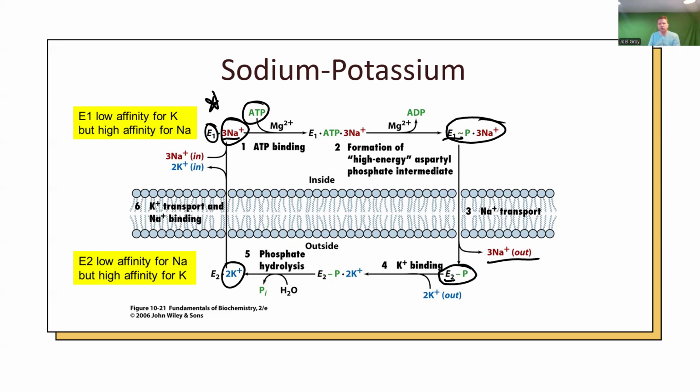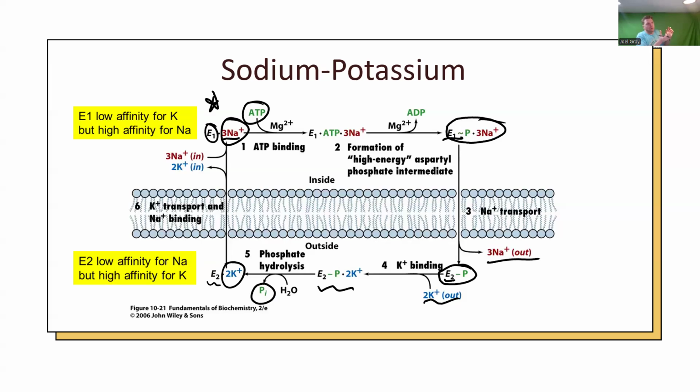That new version of our protein is ready to bind two potassium ions. That new version of our protein that's phosphorylated with two potassium ions is now ready to undergo a hydrolysis where it gets dephosphorylated, loses that phosphate. Our new form of our protein E2 still exists. It's bound to two potassium ions.